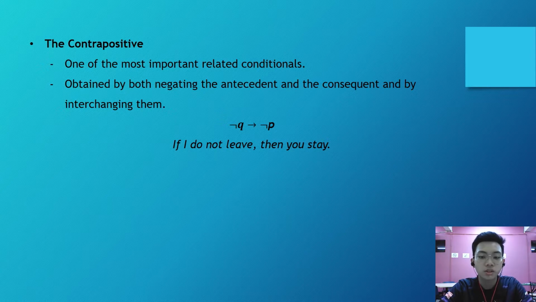That means you use the converse and inverse steps in one single method, that is the contrapositive. So from P implies Q to not Q implies not P. In English form, if I do not leave, then you stay. So that's all for the introduction.